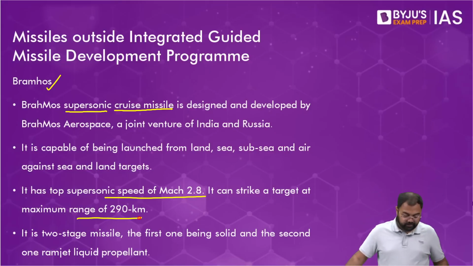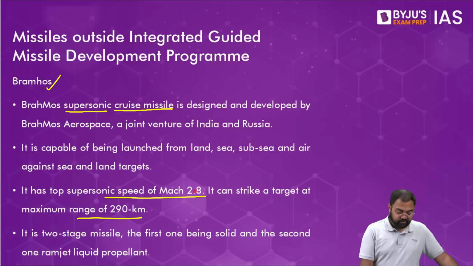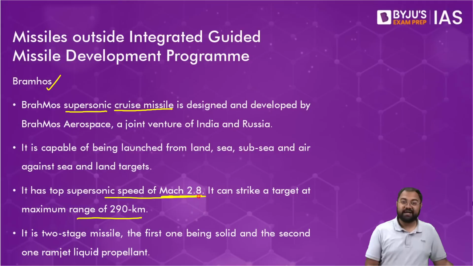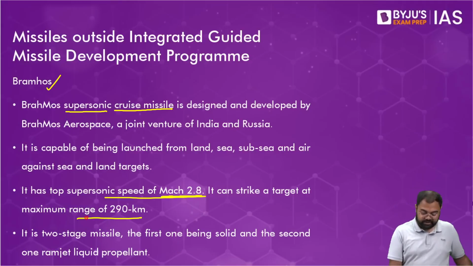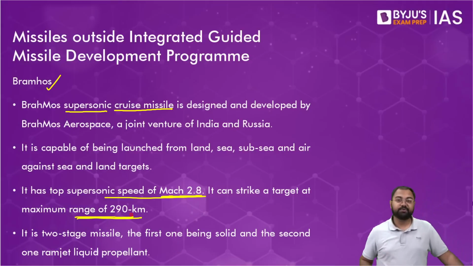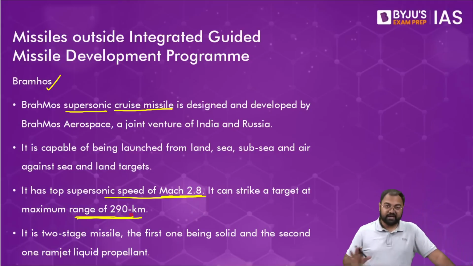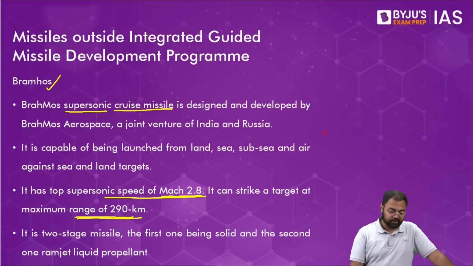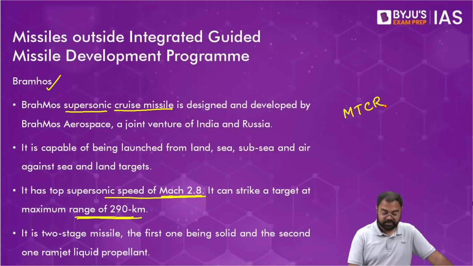Now, when it comes to the BrahMos missile, there was a restriction that we originally had, that we were not allowed to go beyond the speed of Mach 3 or beyond the range of 300 kilometers. All right. And that is where we saw that BrahMos missile could not go there because we were not a part of MTCR, or Missile Technology Control Regime.